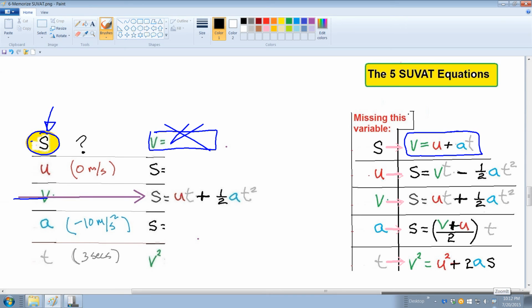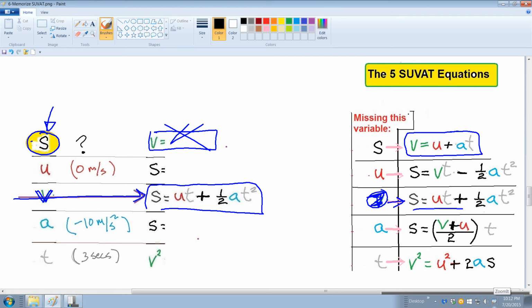Why would we draw an arrow through V, and why is that our winner? Well, because remember, V is affiliated with an equation that has no V in it. There's no final velocity in this equation that's next to it. So that's good. We don't have V. We don't have this information.